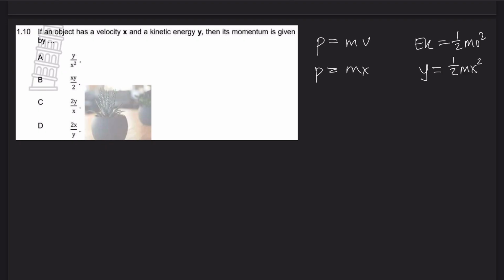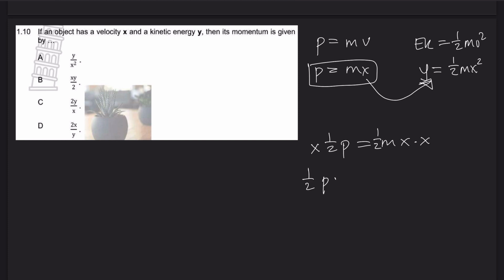All right, now let's try to make this resemble that. So how can we do that? So if we start with our equation, p equals mx, if I half both sides and then multiply by x, then this will be half px equals half mx squared.